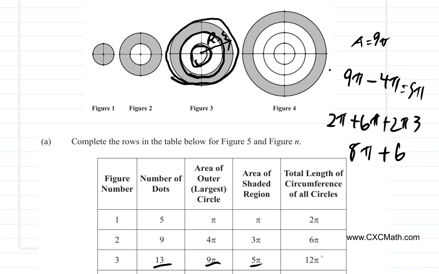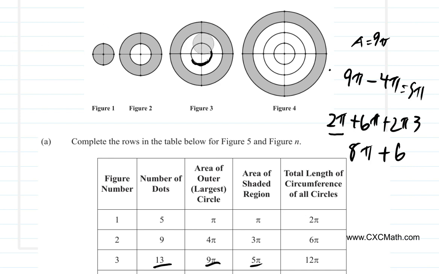How did they get 12 here? Let's look at figure 3 again. For figure 3, the total length of circumferences of all circles: you have the inside circle, 2 pi times 1, which is 2 pi.